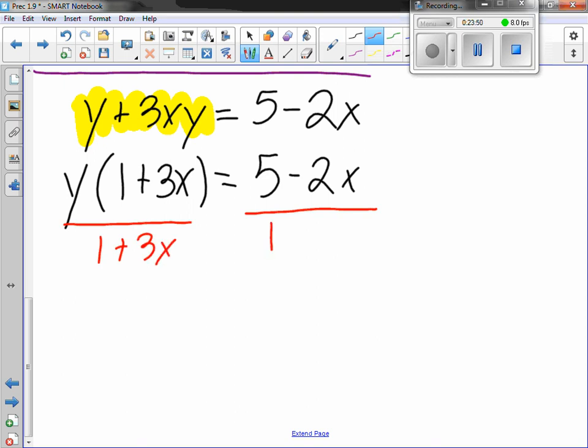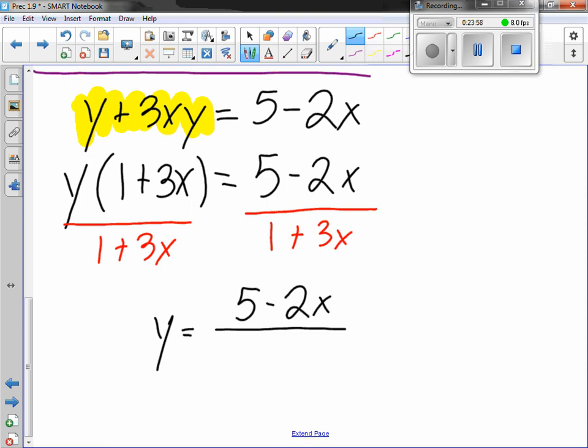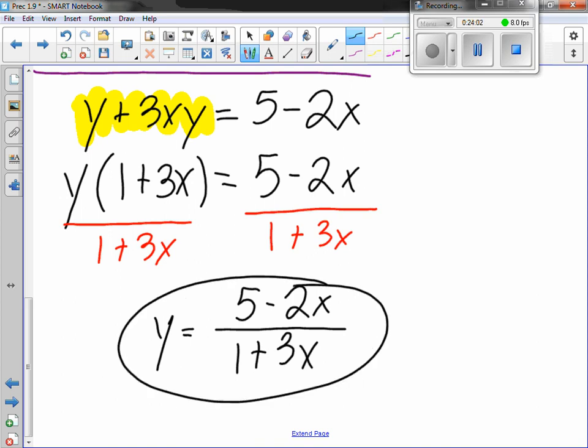F inverse of x. Yeah, but that's it. So this one here is probably the most complicated one you'll see.